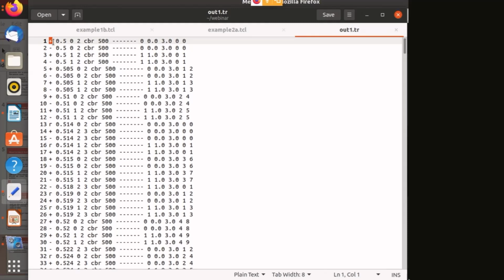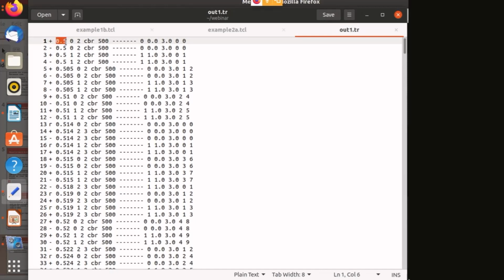So node 0 is transmitting the packet, and first it will be enqueued at node 0, then it will be dequeued from node 0. So this plus sign shows that node 0 is enqueuing a packet at time 0.5. Plus means enqueue.